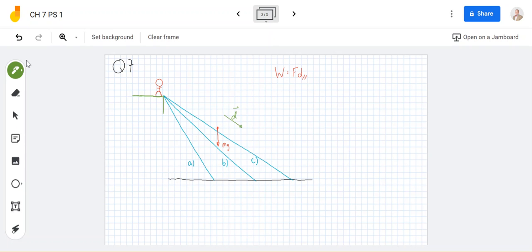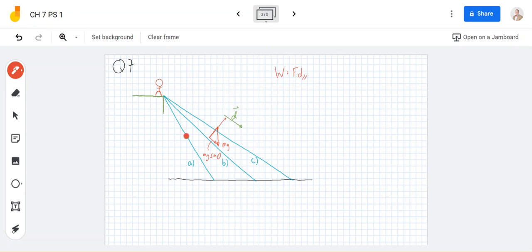Even though the force vectors are the same, when you break them up into their component parts, we can see that this part here is the mg sine theta. Each of these is going to have a slightly different mg sine theta, so it's a little harder to figure this out.